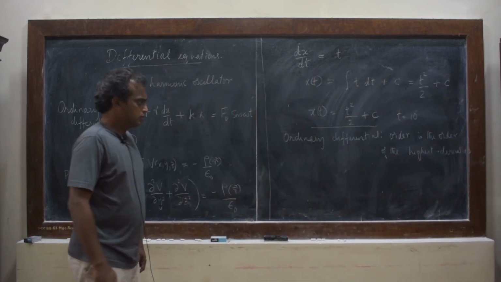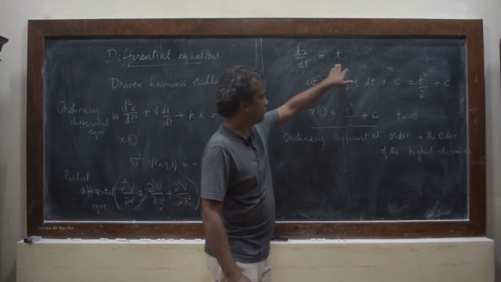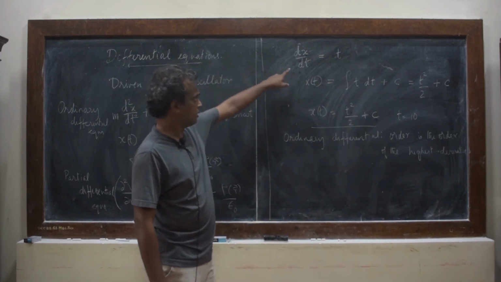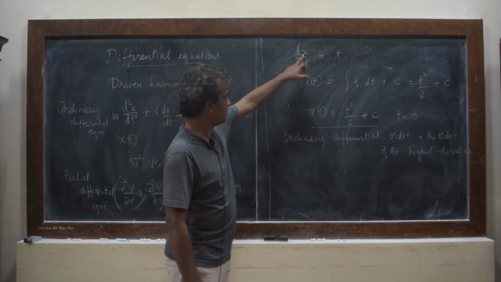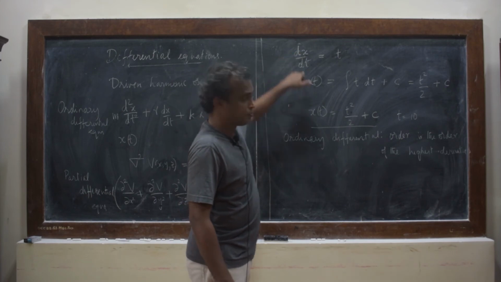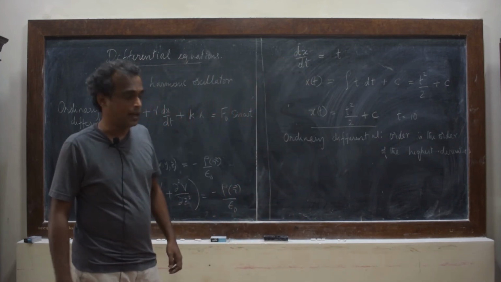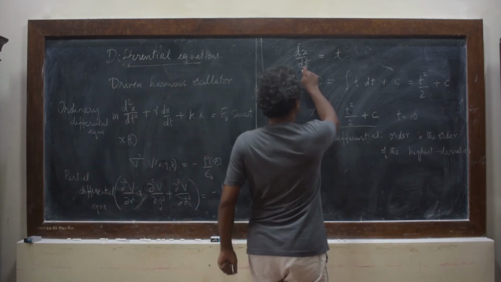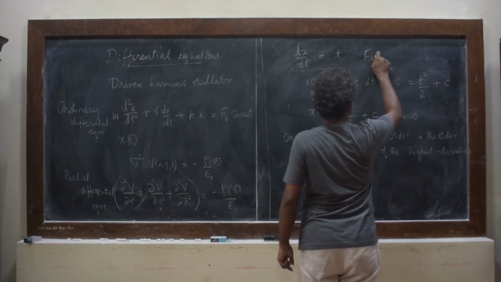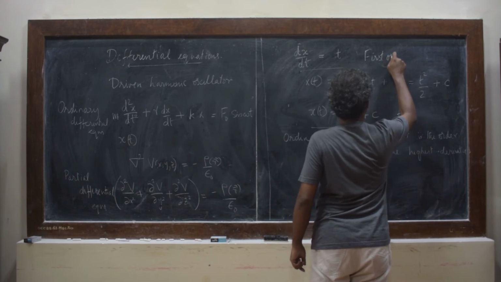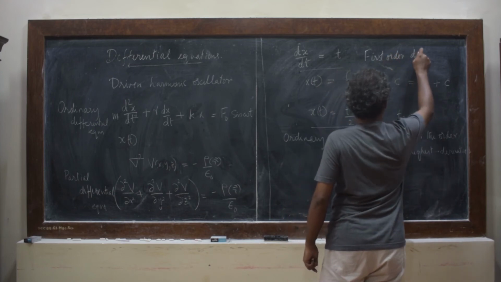So, for instance, if you look at this differential equation, the highest derivative term involved in it is dx by dt, which is a first derivative of x with respect to t, and hence I would call this equation a first order differential equation.